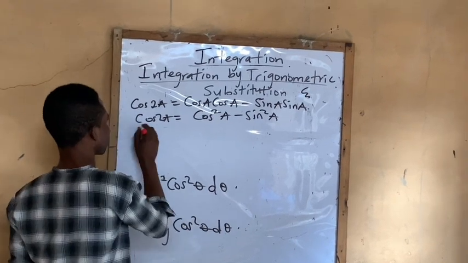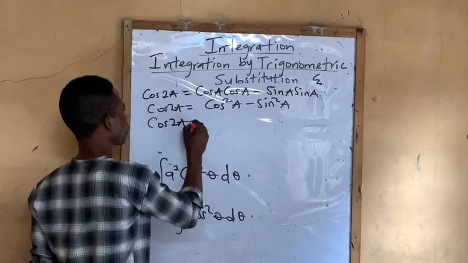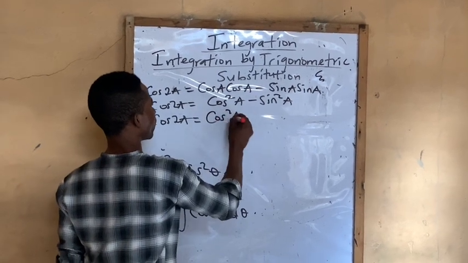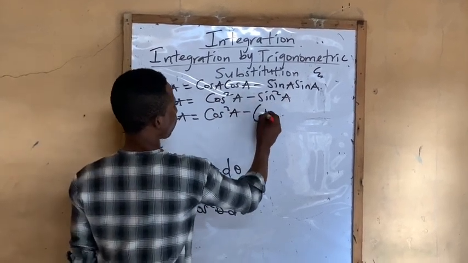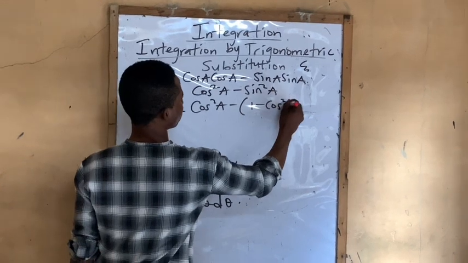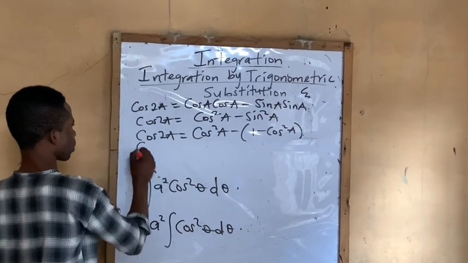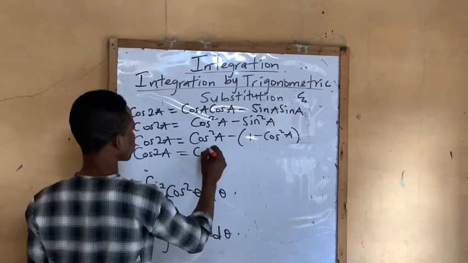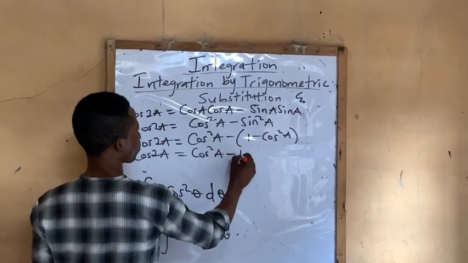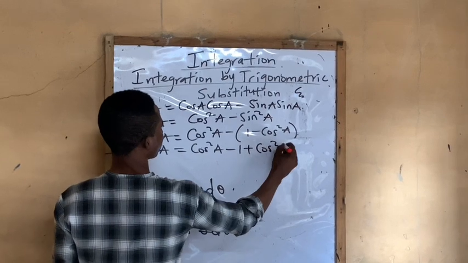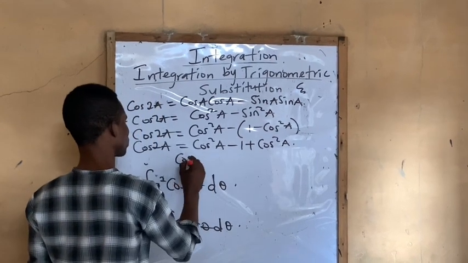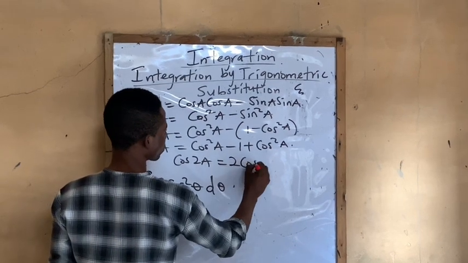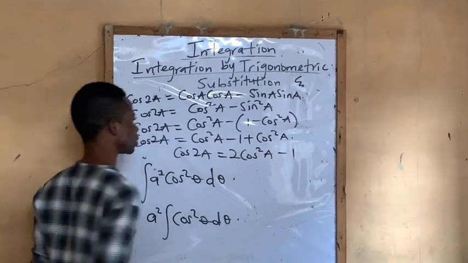And we know that cos 2A equals cos square A minus sin square A, where sin square A is 1 minus cos square A. That means cos 2A equals cos square A minus 1 plus cos square A. That means cos 2A equals cos square A plus cos square A, that is 2 cos square A minus 1.